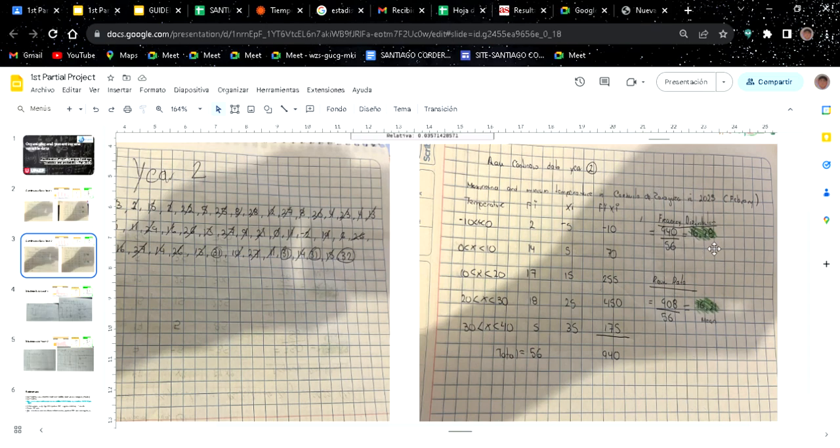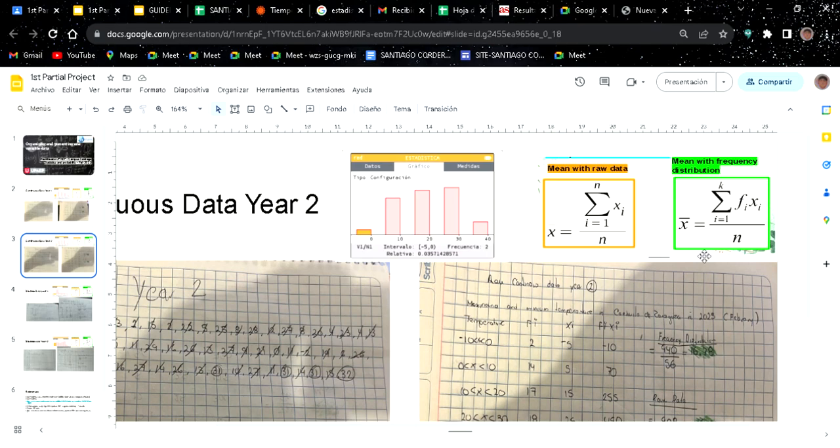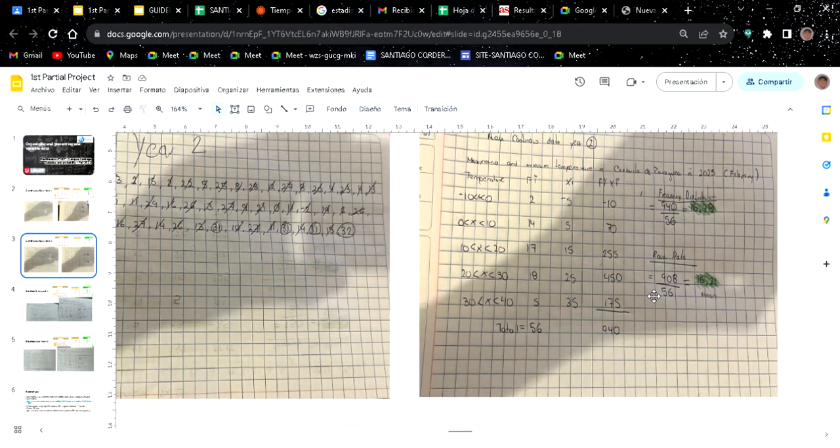And to calculate the frequency distribution, we have to divide this, that is 940, by the frequency, that is 58, and the mean result is 16.078.